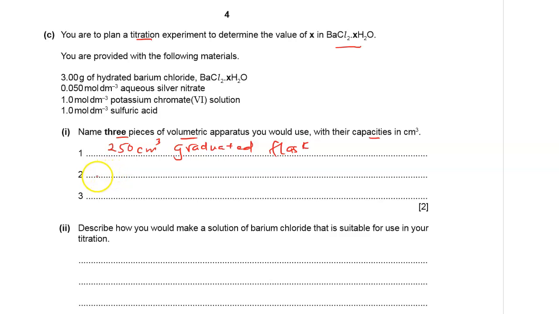I'll also go for a 25 centimeters cubed graduated pipette. Then lastly, I'll go for a burette. Burette is 50 centimeters cubed. We are doing a titration, so you need those.